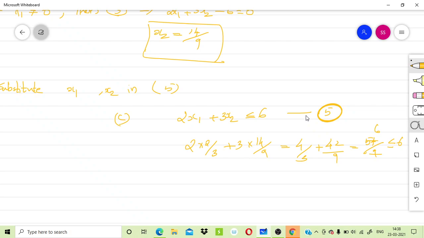So 6 is less than or equal to 6, this condition is satisfied.